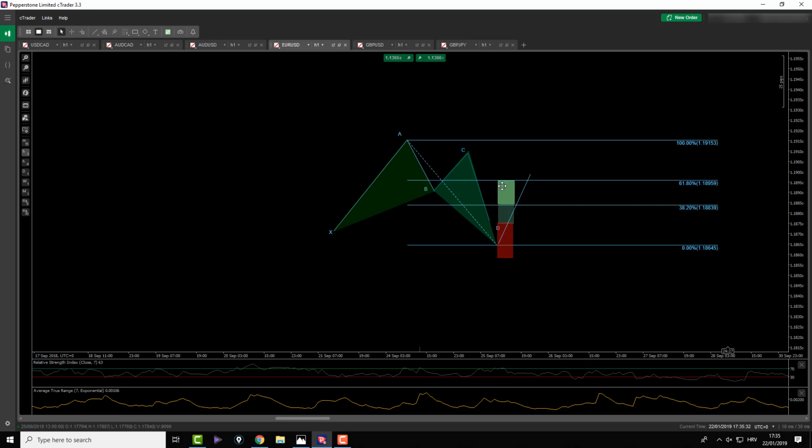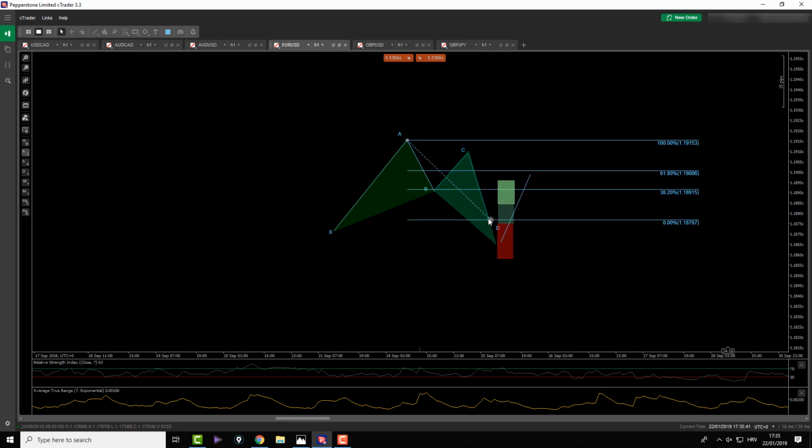See? So you would have hit both targets. And in the first case, if you weren't trailing target 1 and target 2, you would still be a few pips away from target 2, but your target 1 would be hit.